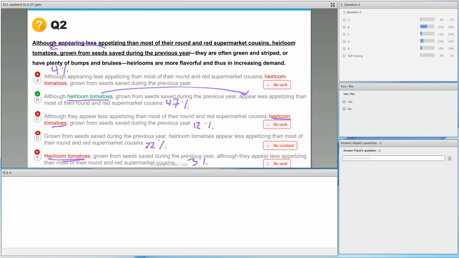Okay? It's modifying information that's describing how these heirloom tomatoes come to be. Okay, so that becomes really important. That's a very common mistake. We can't have our subject and verb separated by a comma. So simply in the original analysis, if you thought grown was the verb, look at that comma. Okay?